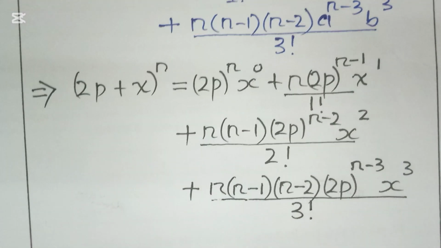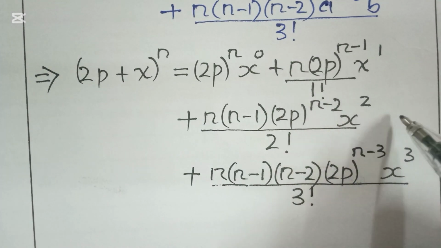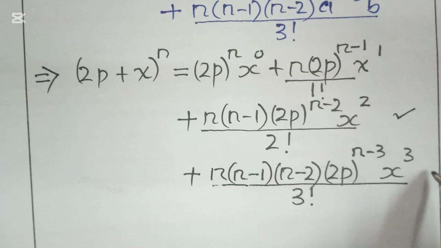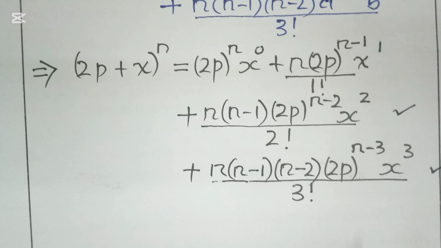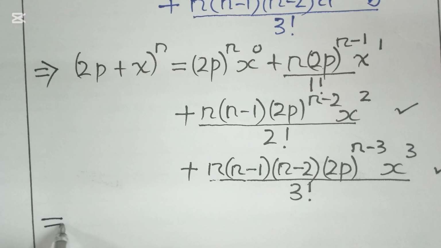So guys, the coefficient of x squared is actually this and that, and we are told they are supposed to be equal. And so therefore I come and equalize them.